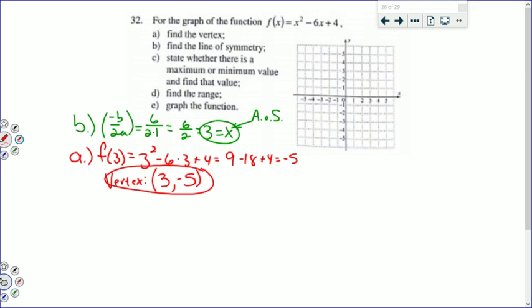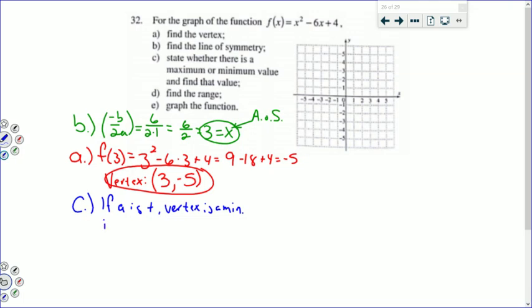Okay. So then for part C, we need to state whether there is a maximum or a minimum value. Is this vertex the top or the bottom of the graph? All right. So if a is positive, then the vertex is a minimum.